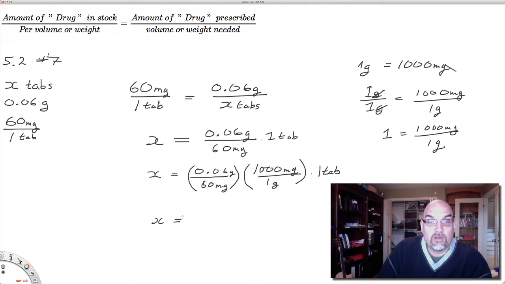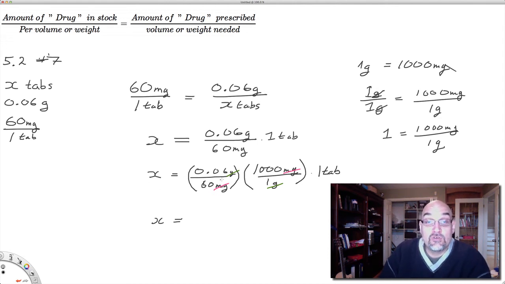So now this time you can see, I'll use green here, my grams cross out with my grams, and then I'll use purple here, and my milligrams cross out with my milligrams. So I end up just with a pure number here, and my answer is then in terms of tablets. Just like before, milligrams crossed out with milligrams, and my answer was in terms of milliliters.